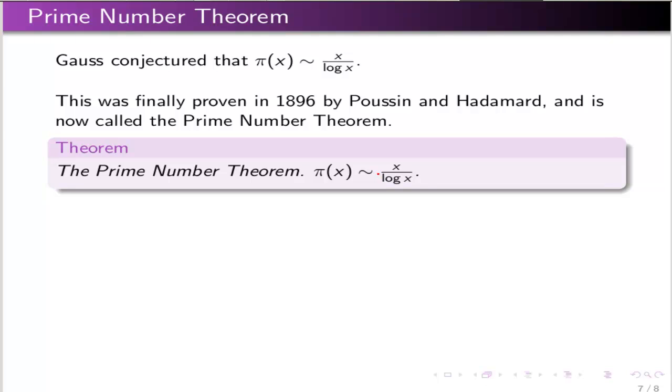So Selberg and Paul Erdős did succeed in proving the prime number theorem in what is called an elementary manner, or even an elementary proof. But it's highly non-trivial. It's not at all straightforward. So it's elementary in the sense that it doesn't rely on results from complex analysis.